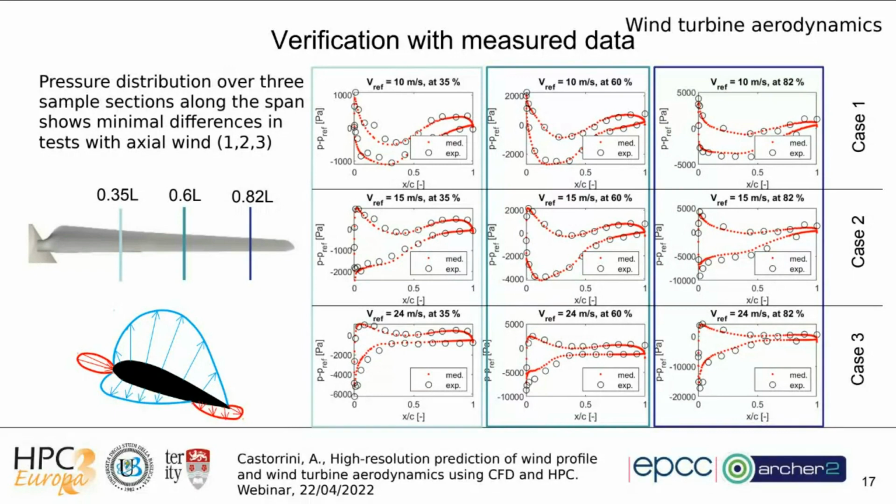And we see that with the medium grid, this kind of comparison, of course, is only for the resolved geometry, because we need to resolve the shape of the aerodynamic profile. And we see a very good agreement in all the cases for the pressure measurement, another point of validation for this system.